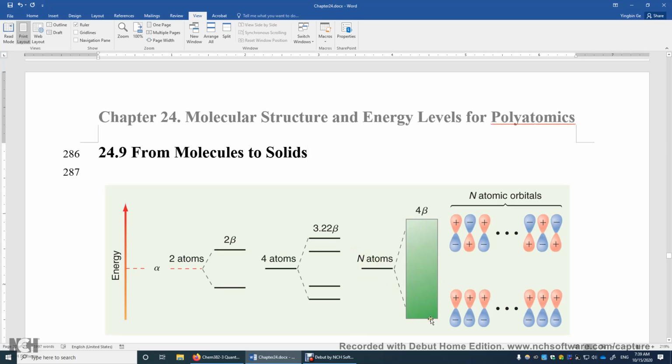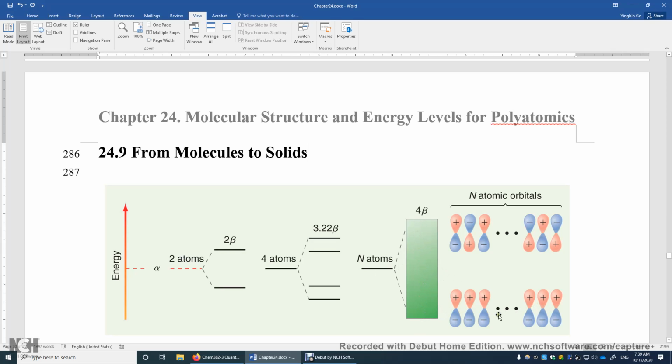You have a polymer. With what kind of formula? Again, it's CH2, double bond CH, single bond CH, double bond CH, single bond CH, double bond CH, etc., and in the end, you have CH double bond CH2. In that case, if you have N carbon atoms, you can form N molecular orbitals.